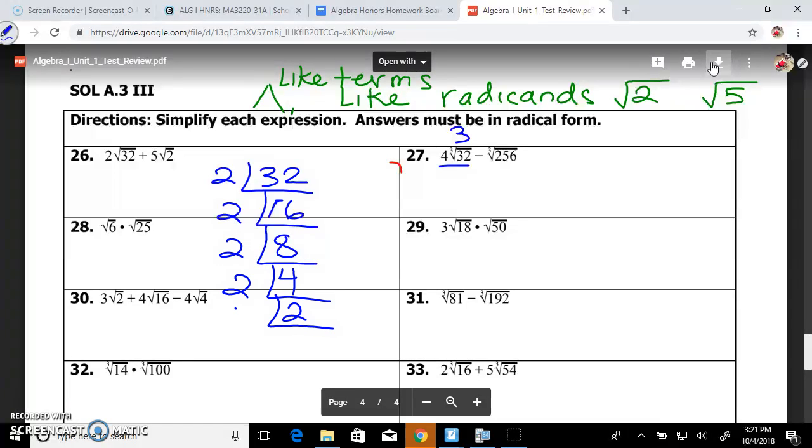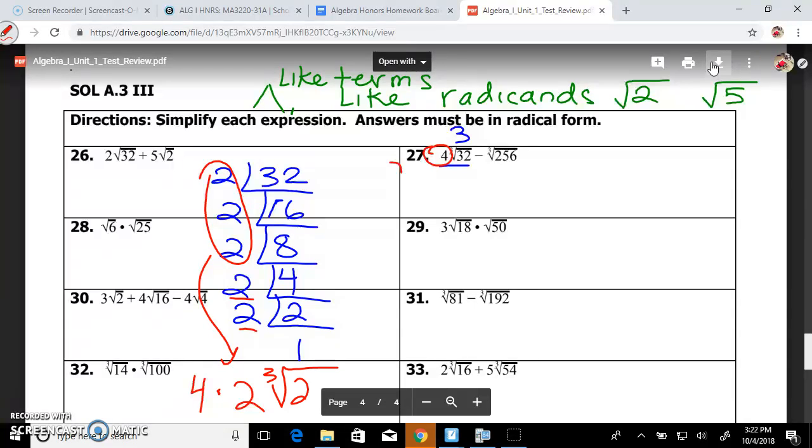Sorry about that. All right, this time we want groups of 3, though. Remember, there's a 4 to start with. And then there's 3 2s there. And then there's only 2 more 2s, so those actually just stay under here. 2 times 2.